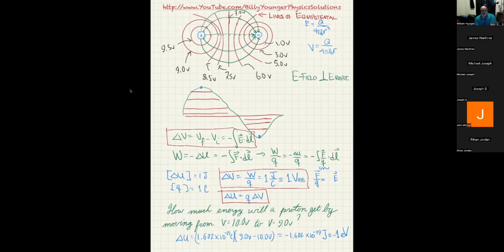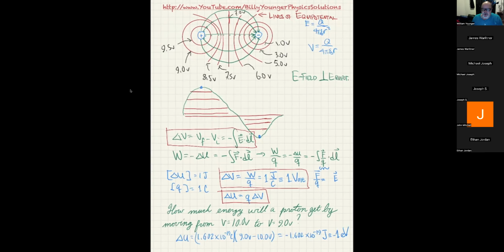So the potential energy actually went down for the proton because it went from 10 volts, which it didn't like, to 9 volts, which it liked moderately better. So we got a change in potential energy that was negative. And that's exactly what we expect, because, remember, potential energy decreases on its own if nature will let it.